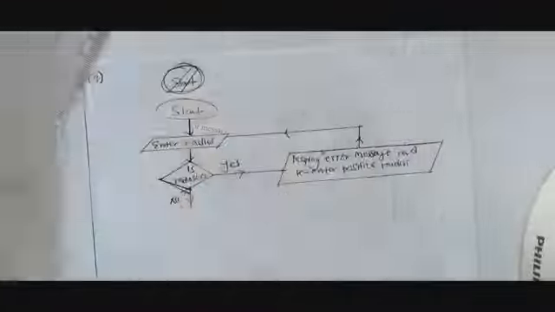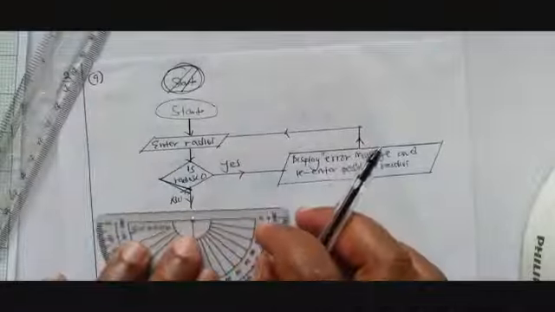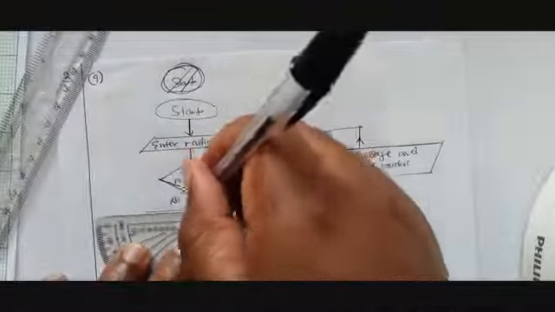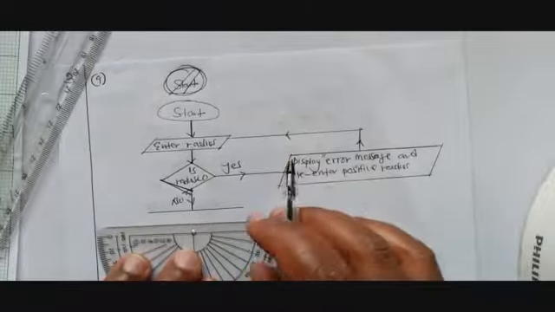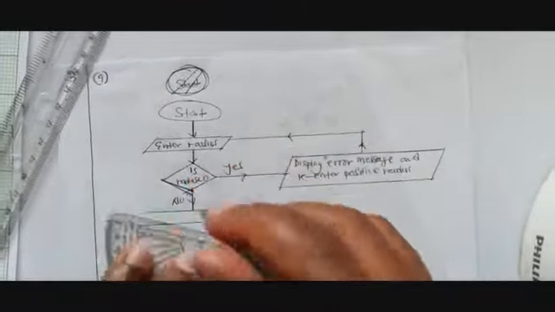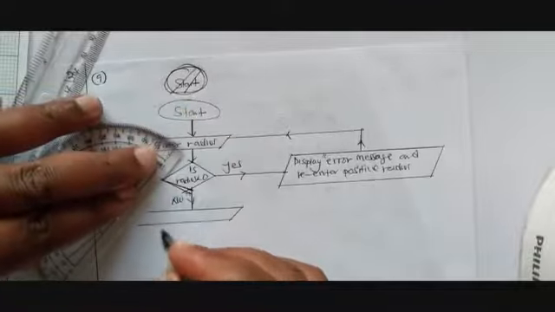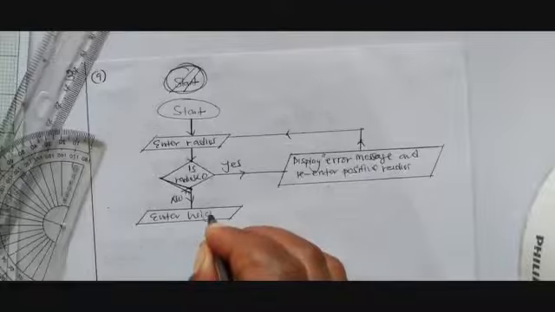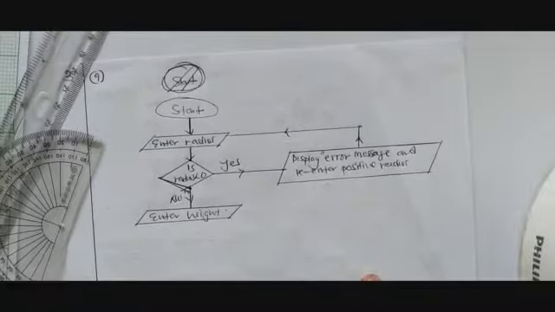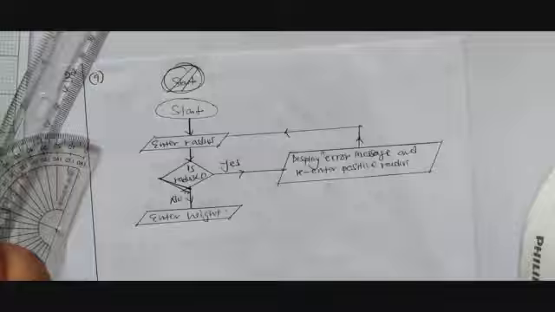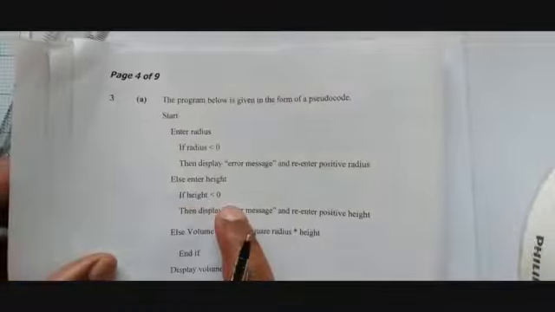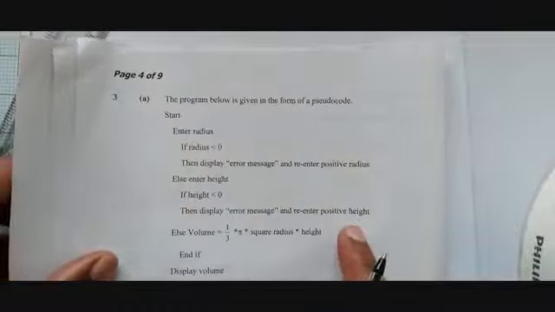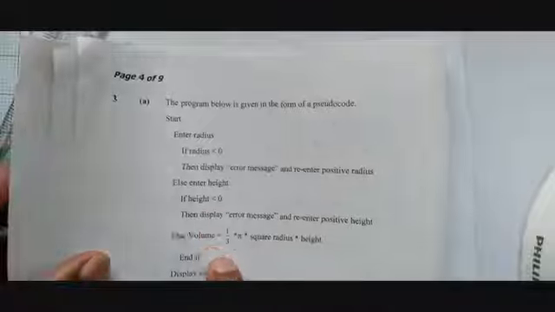Else means that if not, what should we do? We again enter height. So here we'll say, let's enter height. After that, there is another condition. If height is less than 0, we display error message and re-enter positive height. Else we compute the volume.